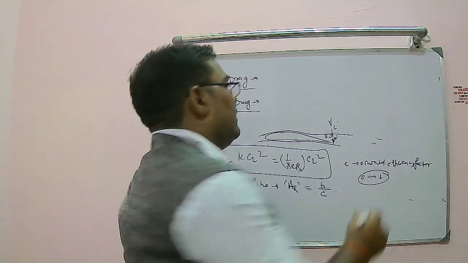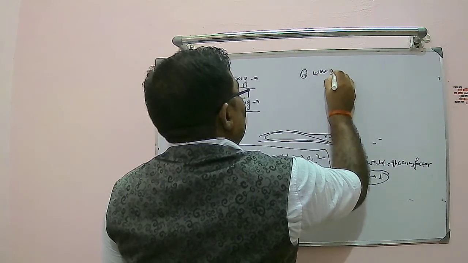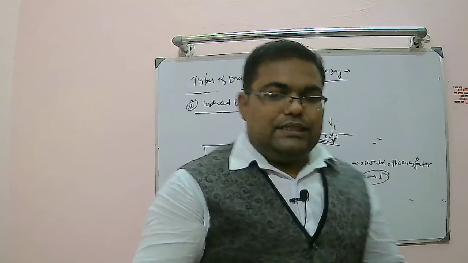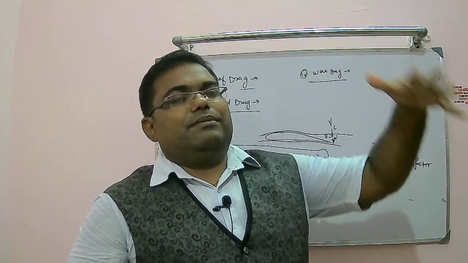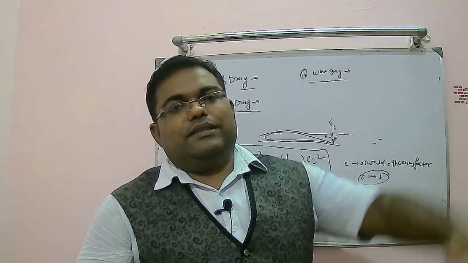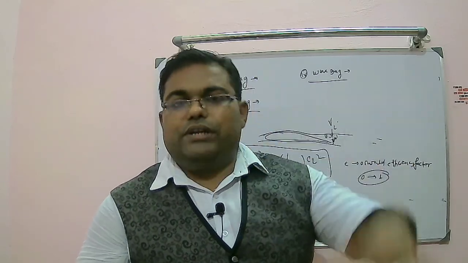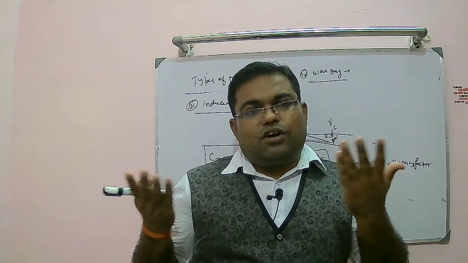If you go for the fourth type of drag, that is called wave drag. This type of drag forms at very high speed, when your object is traveling at Mach number greater than 1. When it is crossing Mach 1, there will be formation of shock waves over the boundary of the object. Drag due to the shock waves, which are nothing but compression waves.